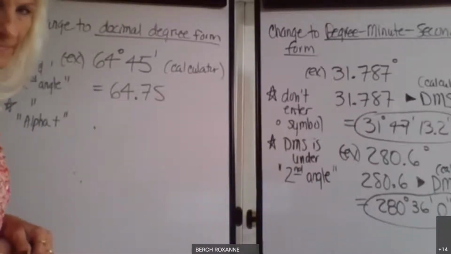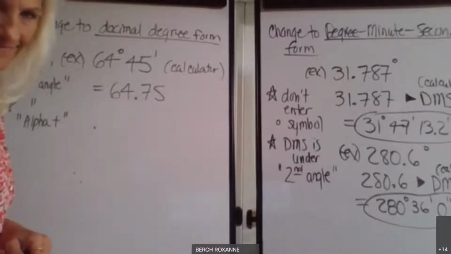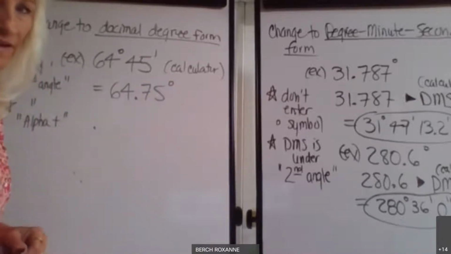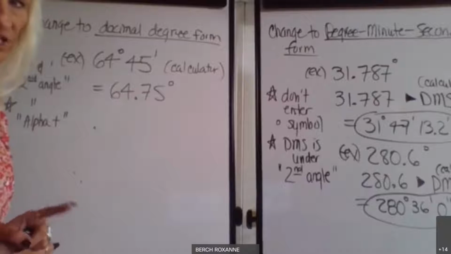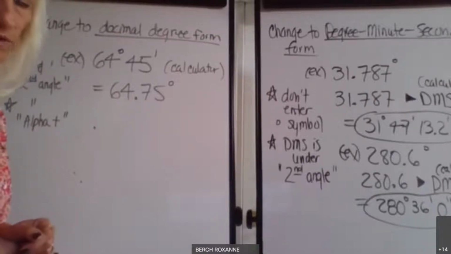Degrees? Sorry. Is this radians or degrees? That's degrees. Then you better put the symbol. Because if you don't put the symbol, I have to assume you mean radians. Remember the symbol, it's real important.